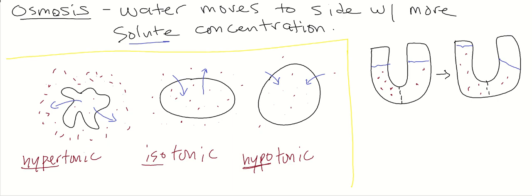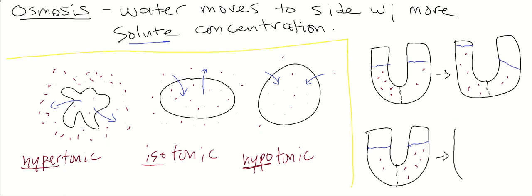I'll draw the other scenario here. There's my semi-permeable membrane. Get about equal level of water. And here, let's say there's more solute. I'll draw 6 dots there on the right side. Okay, well, given time, that water is going to go to the right side because that's where there's more solute.